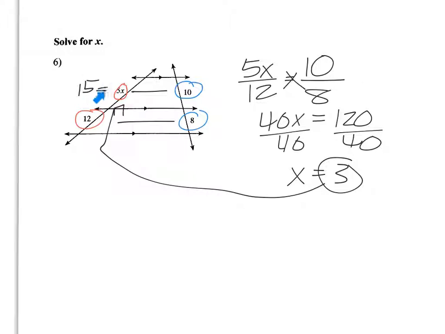If I'd gotten some number like 10, which is smaller than 12, that wouldn't make sense because the bigger number has to be on top. So hopefully that's made sense to you. It's relatively simple stuff as long as you set up your proportion correctly.